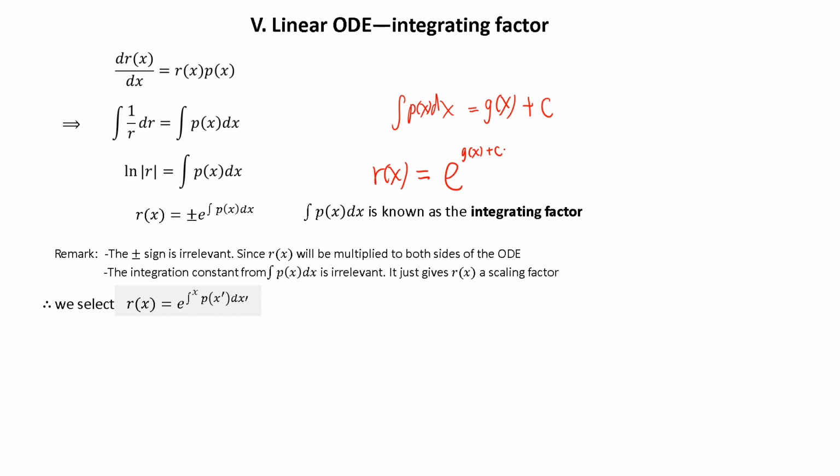Does it matter what c we pick? It turns out it also doesn't matter, because e to the g of x plus c is just e to the c times e to the g of x, and this e to the c is just some constant, let's say c prime.